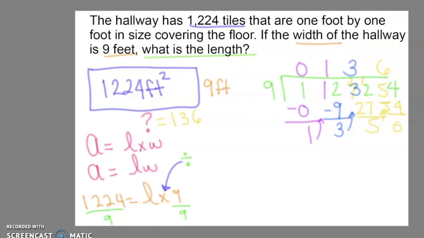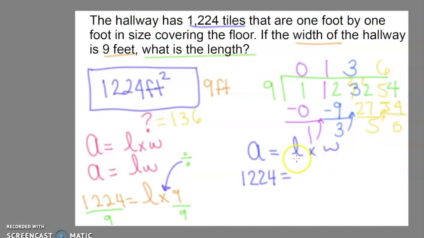Remember what I told you guys. In order for us to double check, triple check to make sure that our answer is correct, we need to go back and plug it into our formula. Okay, so I'm going to rewrite the formula so you can see what I'm talking about. So A is equal to my length times my width. So let's double check. My area is 1,224, which is equal to, what's my length?